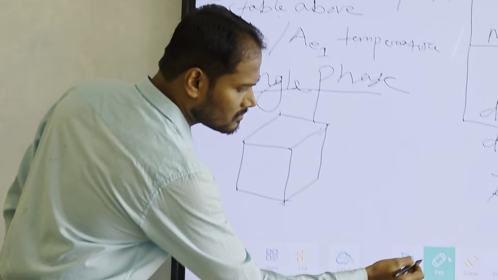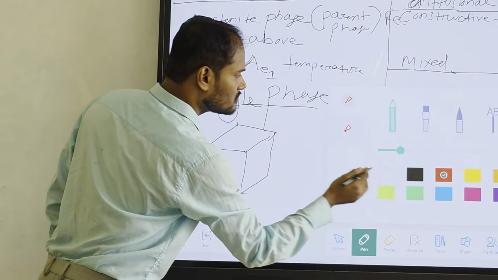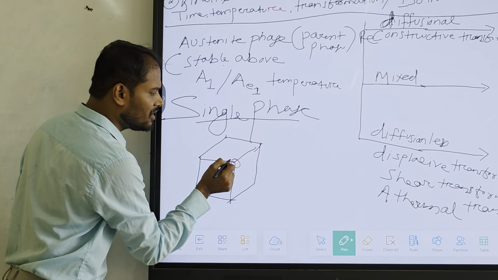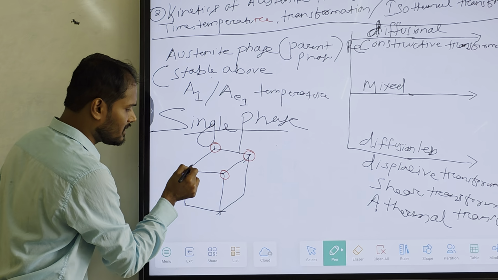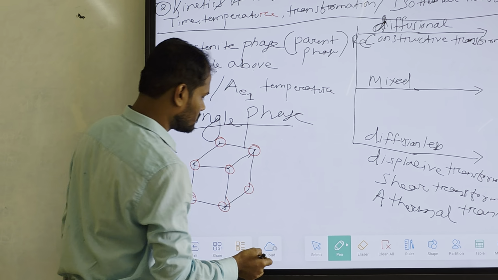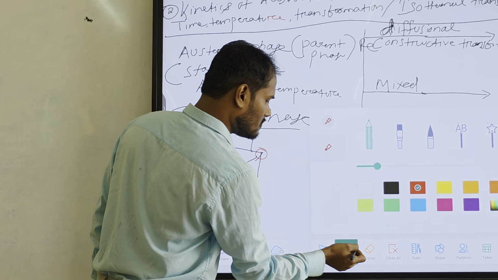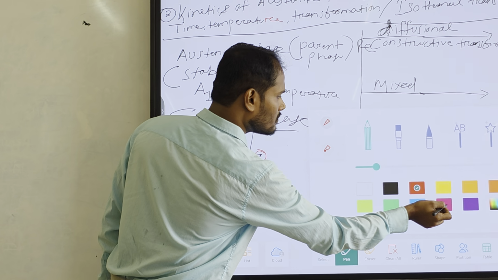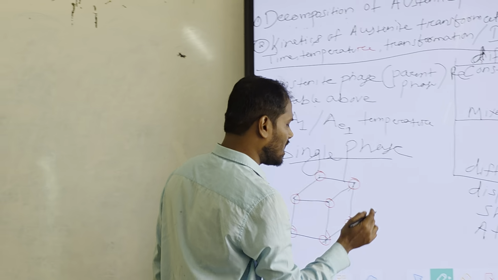Okay, so you have an iron atom here, an iron atom here, iron, and iron, right? And where will the carbon atom be?